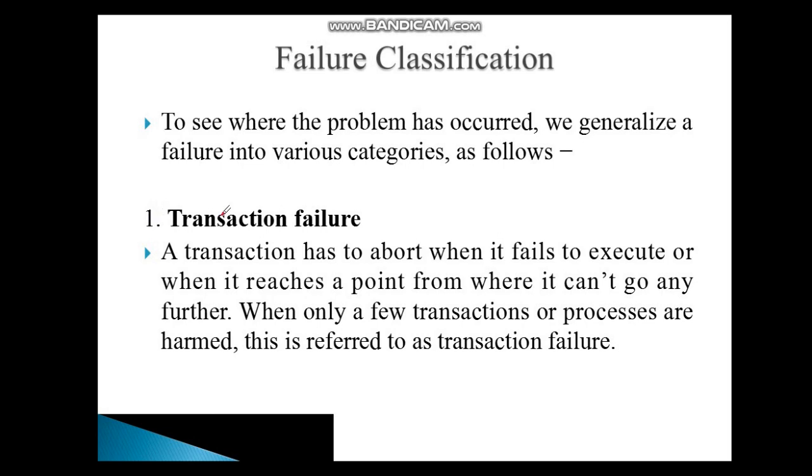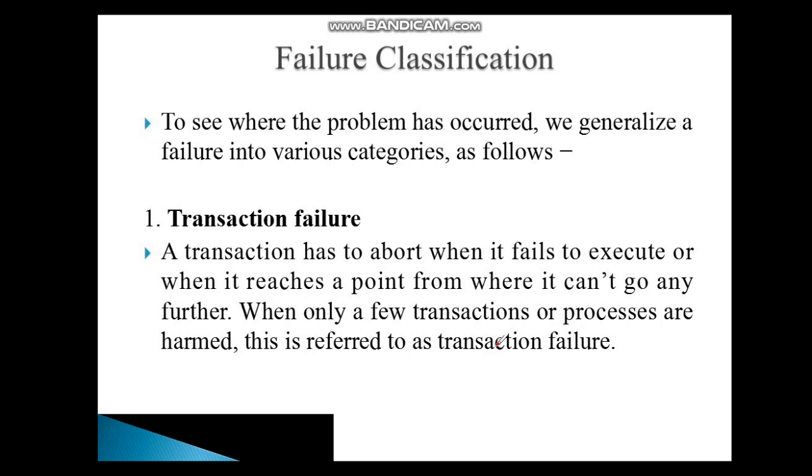The very first one is transaction failure. Here a transaction has to abort when it fails to execute or when it reaches a point from where it cannot go any further. When only a few transactions or processes are harmed, this is referred to as transaction failure.